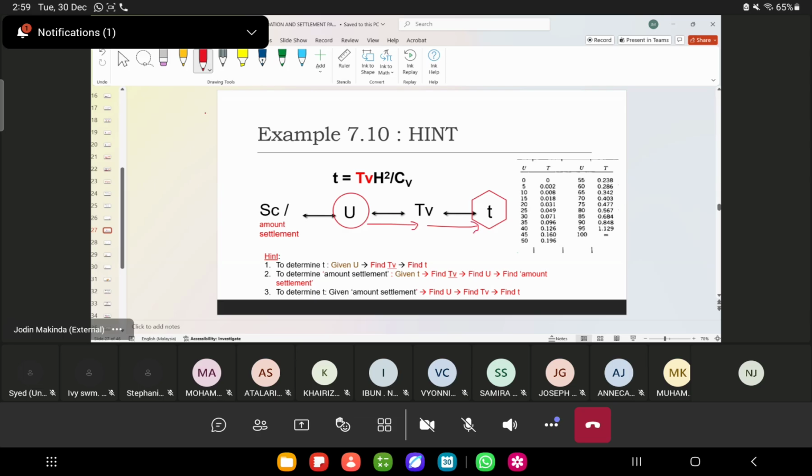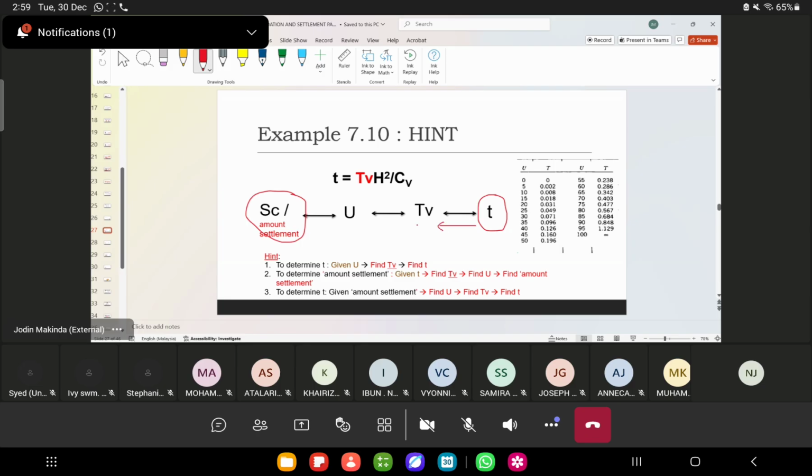Similarly, if you are given time, but the question asks you to find settlement, you use time to find time factor dulu.